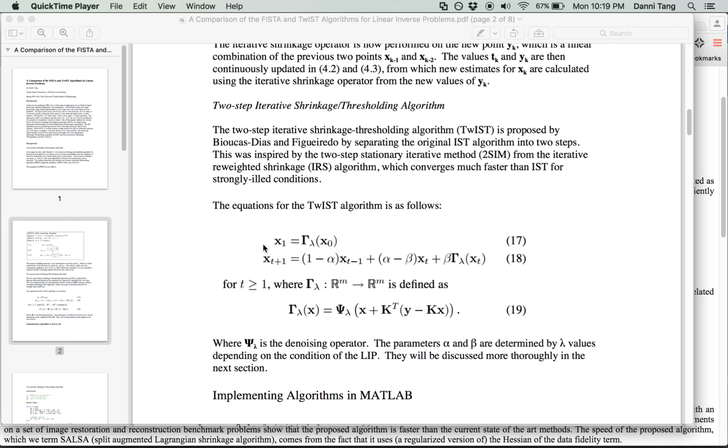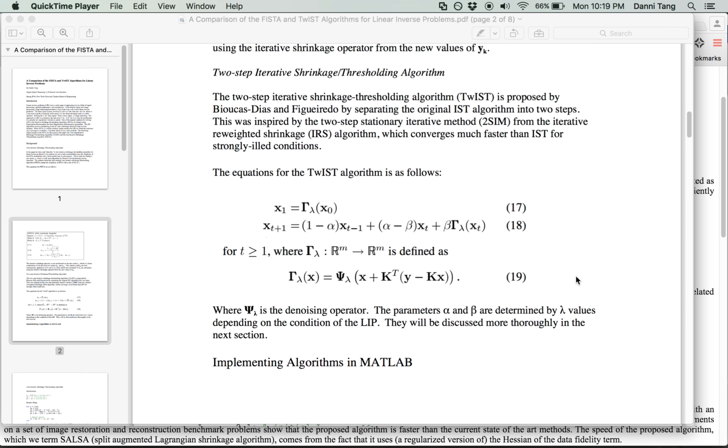They have x of 1 equal to gamma of x0, where x0 is some initial x, and the second step is x of k plus 1, or in this case t plus 1, which depends on two previous values, x of k minus 1 and x of k minus 2.